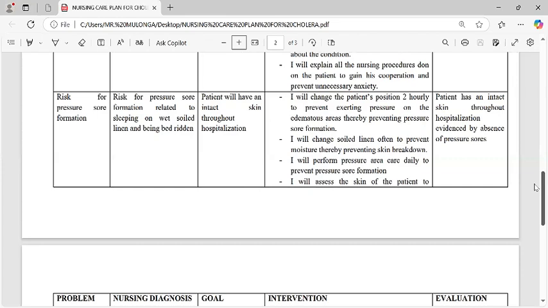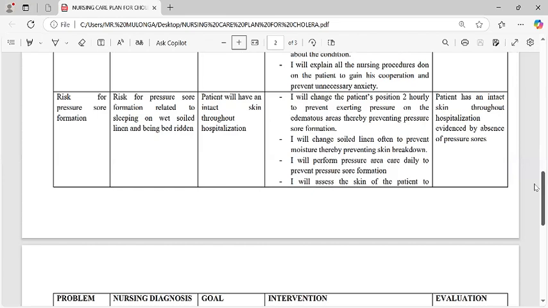So the first point is I will change the patient's position hourly to prevent pressure sore formation. The second one is I will change soiled linen often to prevent moisture, thereby preventing skin breakdown. So remember, we're saying soiled linen. This soiled linen is usually wet. So when the patient is sleeping on wet linen, it means that the skin will break down.